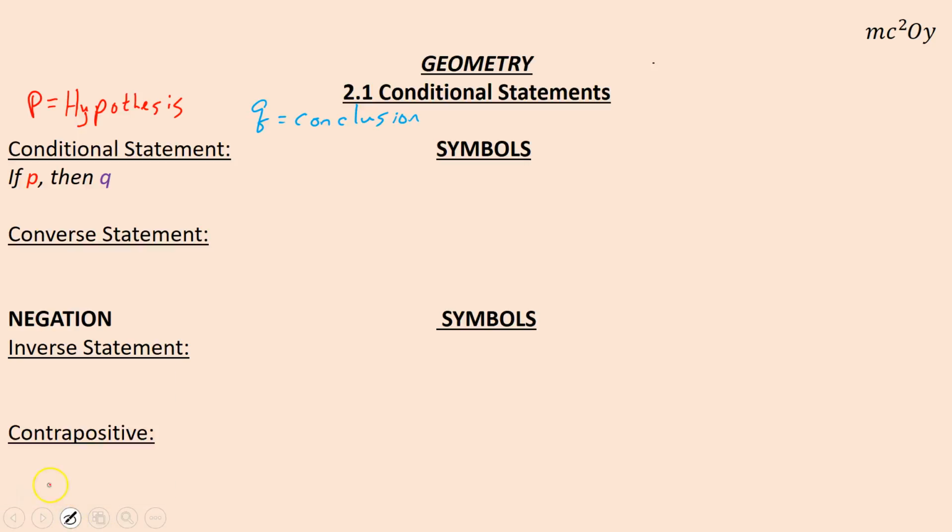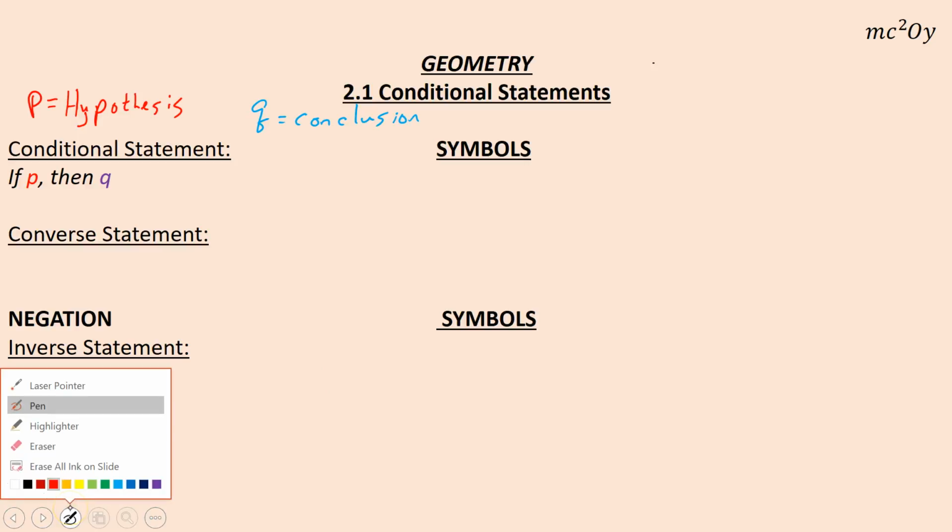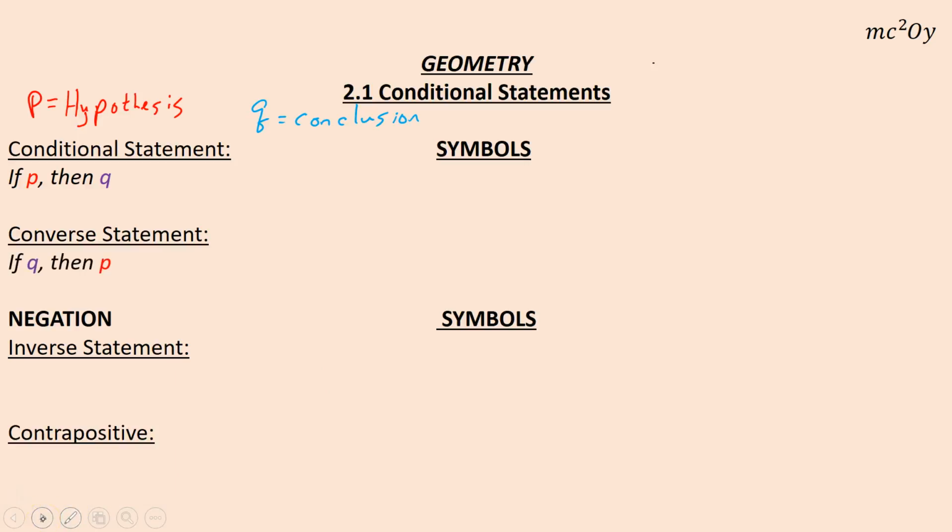So what I'm going to do here is show, rather than having big long statements, I'm going to say if P then Q. And that's important because what we're going to do with this is we're going to start adding different statements. A converse statement where we actually switch our hypothesis and conclusion. So really that is actually saying if Q then P. So these things just move. So the P moves to the conclusion, the Q moves to the hypothesis.